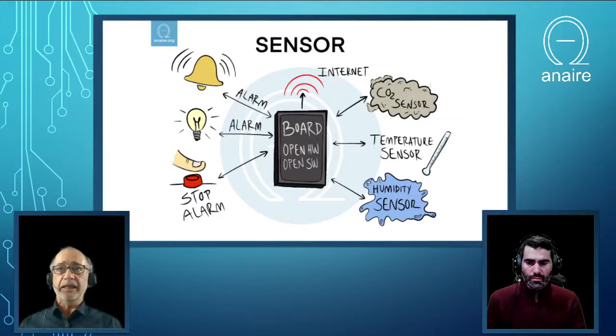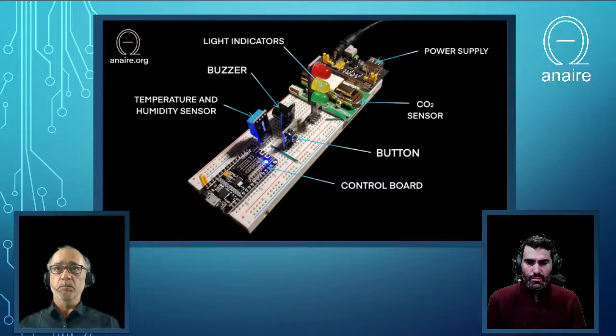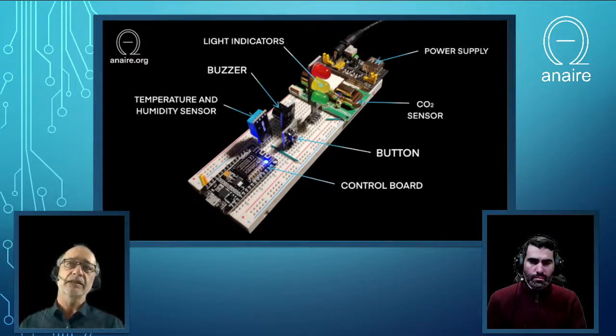The device is based on a control board based on open hardware that is continuously connected to the internet through a Wi-Fi network. So the requirements for this device to work are basically Wi-Fi connectivity and a correct power supply. This is a prototype of the device based on a breadboard.